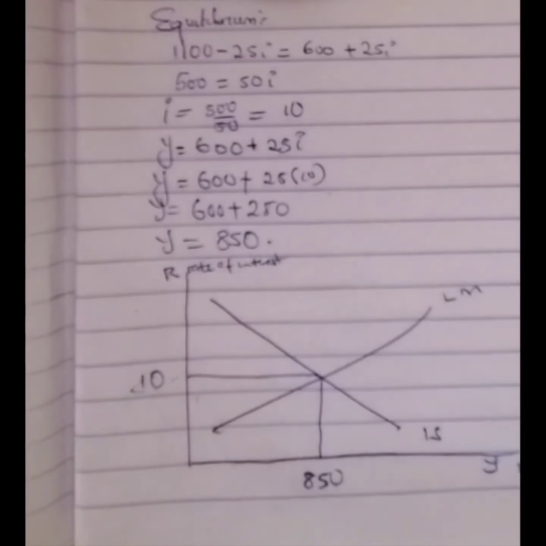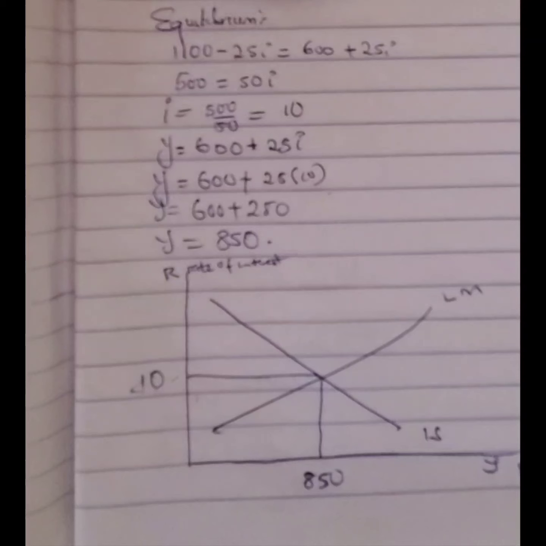So now to get equilibrium, we know that y is the same function as y here, right? So y is equal to y. We bring the two functions together, saying 1100 minus 25i should be equal to 600 plus 25i. If we bring both terms together, we're having 500 is equal to 50i.